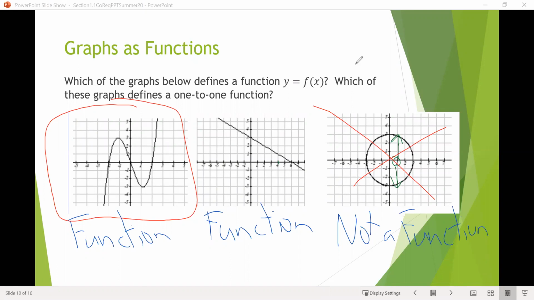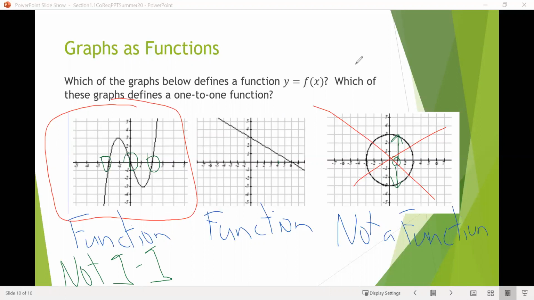Because notice, if I input -2 here, that would be at the point -2, 0, so we get an output of 0. However, here at the origin, an input of 0 also gives an output of 0, and similar for the point 2 right here. So this one would not be 1-to-1, right? Because we see that multiple inputs have the same output.